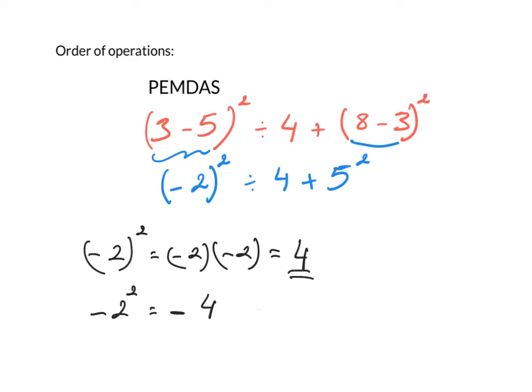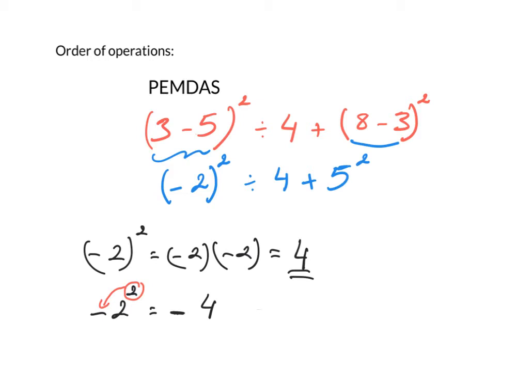In other words, this exponent has no control over the negative. So we're going to write the negative separate, then solve the 2 squared, which is negative 4.